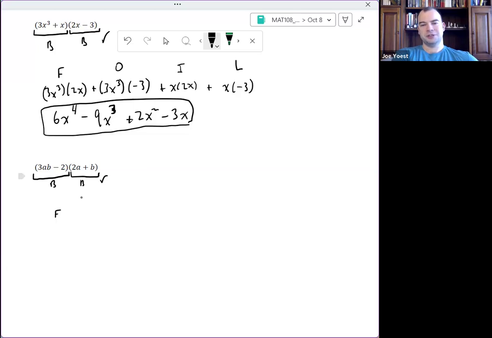So I'll start with my firsts, 3ab times 2a. Then I'll move to my outers, 3ab times b. My inners, negative 2 times 2a. And my lasts, negative 2 times b.